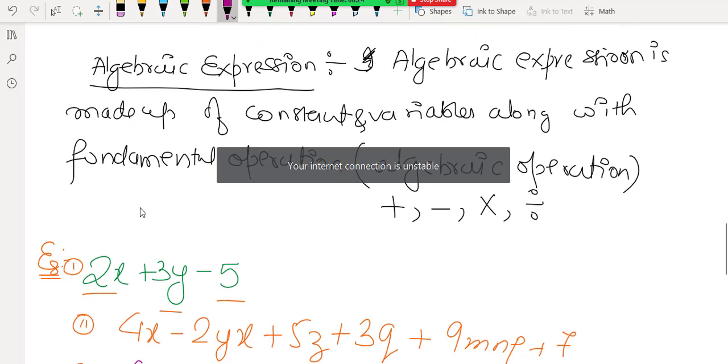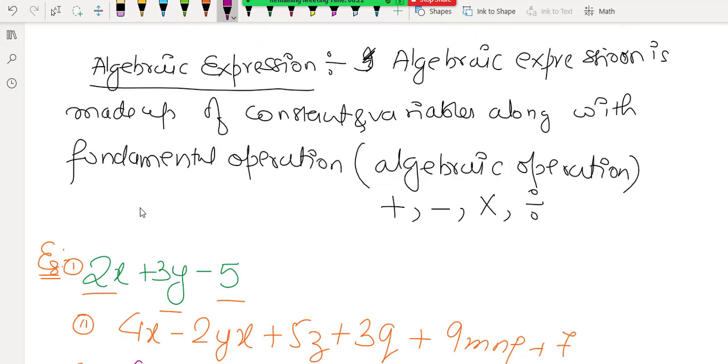A group of constants, variables, and fundamental operations. Very good. An algebraic expression is made up of constants and variables along with fundamental operations. What are fundamental operations? Addition, minus, multiplication, division. Very good.